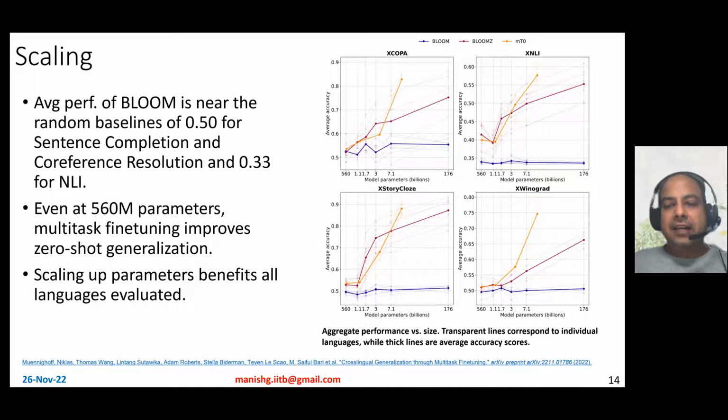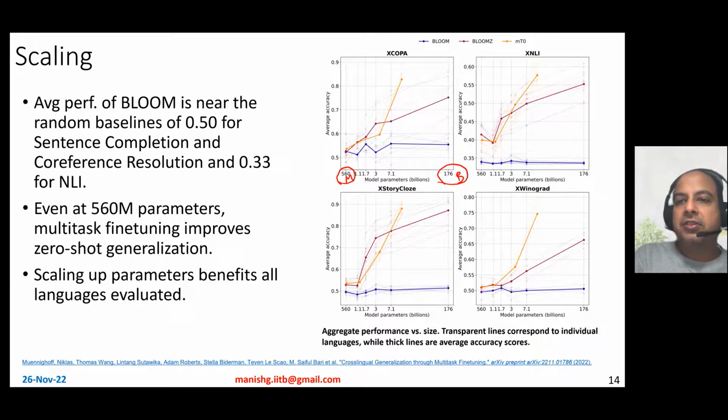Okay. Now let's talk quickly about the scaling story. Remember, they have Bloom models which range from 560 million parameters to 176 billion parameters, while MT0 models are available up to 13 billion.